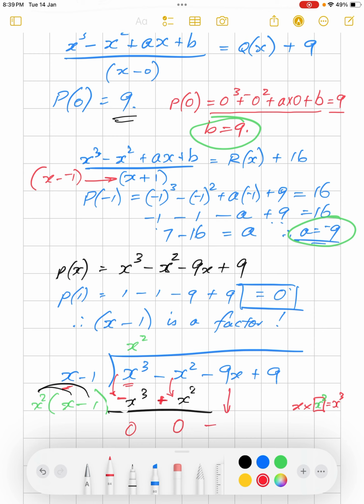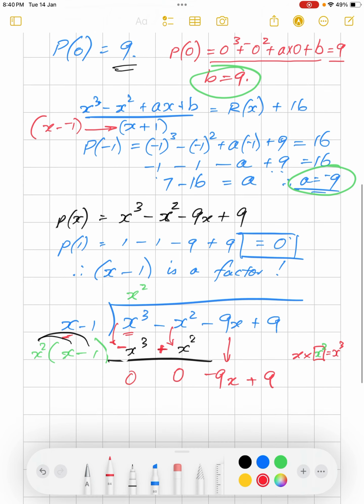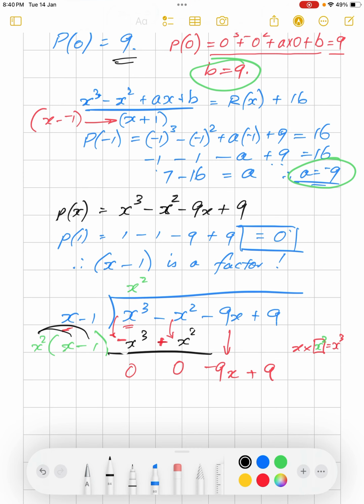And then you bring the next term down. The next cycle says x times something will be negative 9x squared, so we take the first part to be negative 9x, and we work out what we multiply x by to get negative 9x, and that is negative 9.